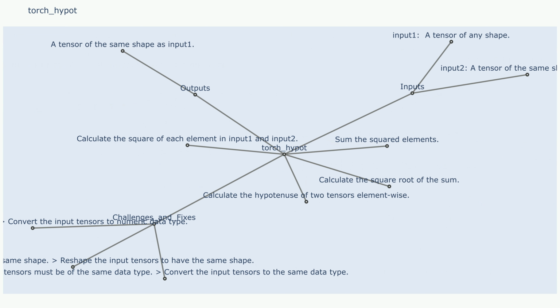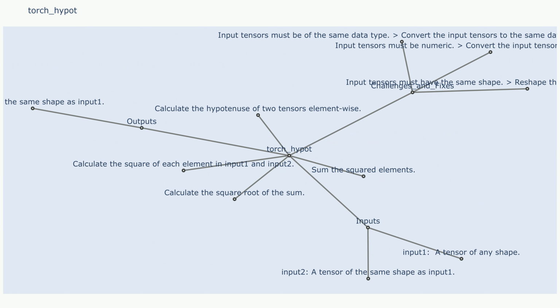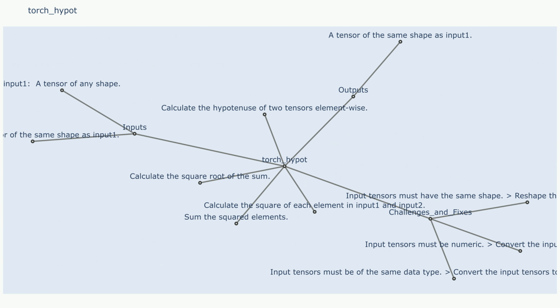Steps. Step 1: calculate the squares of the elements in each input tensor. Step 2: add the squared elements of the input tensors element-wise. Step 3: calculate the square root of the sum of squares, producing the hypotenuse. Challenges and fixes. Challenge 1: input tensors with different shapes.